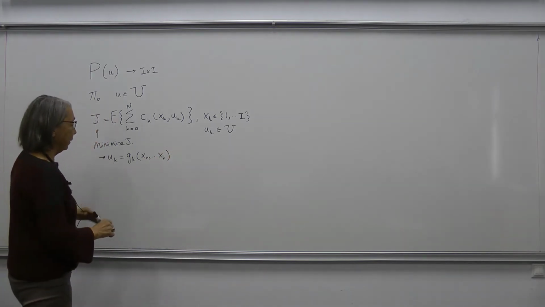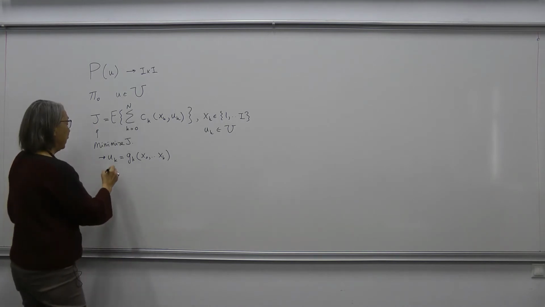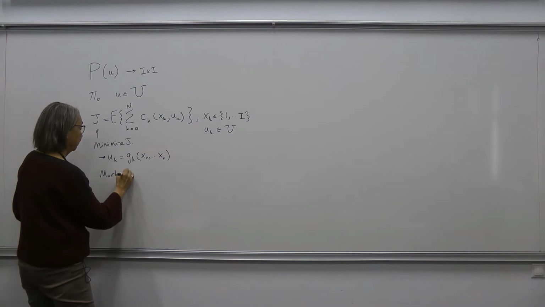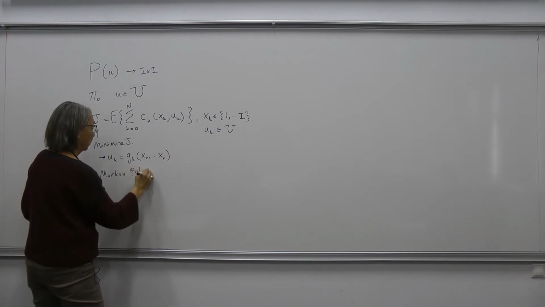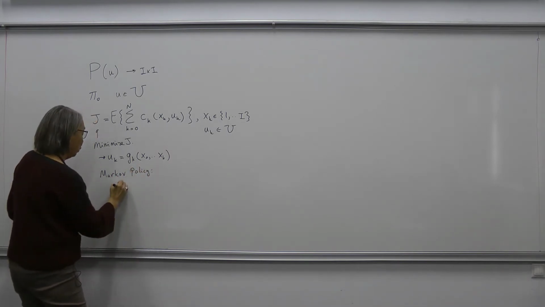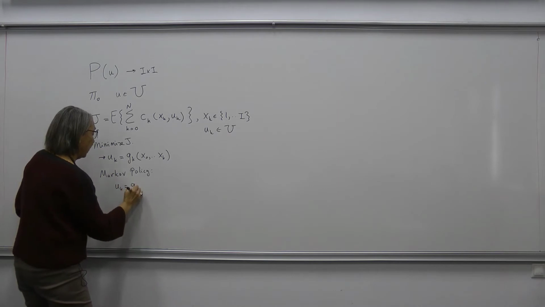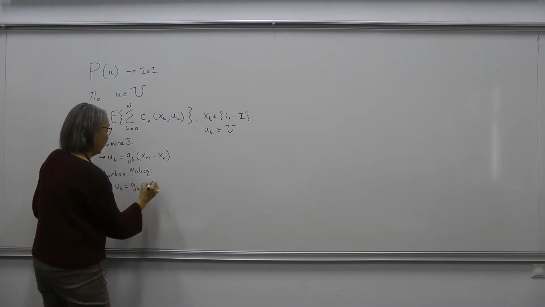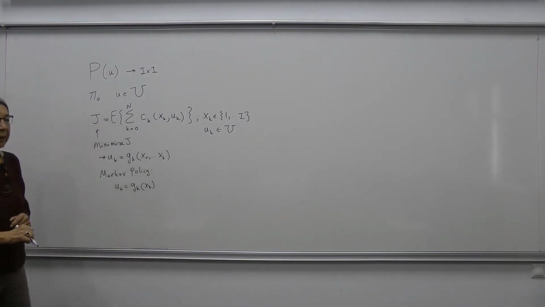However, for our case, we apply Markov policy, so that our UK is only a function of the last state. In other words, UK is equal to G sub k of xk.